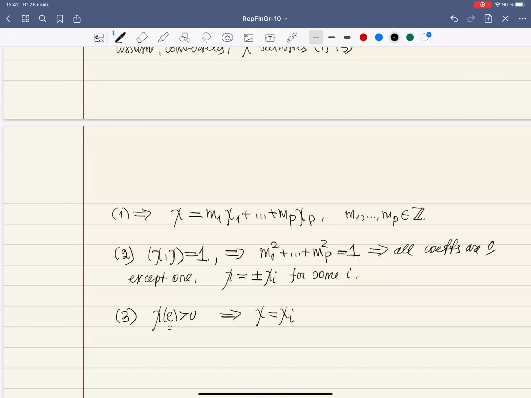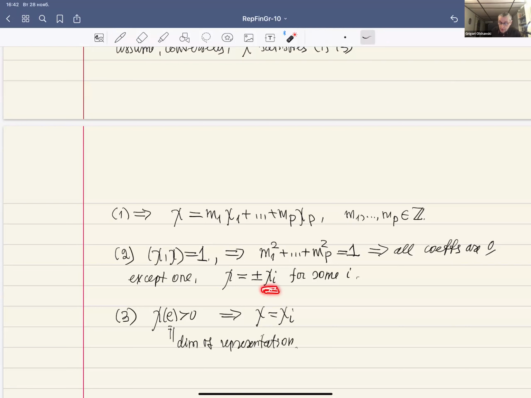Размерность. Это размерность представления. Если бы здесь был минус, то да, эта величина была бы отрицательной.